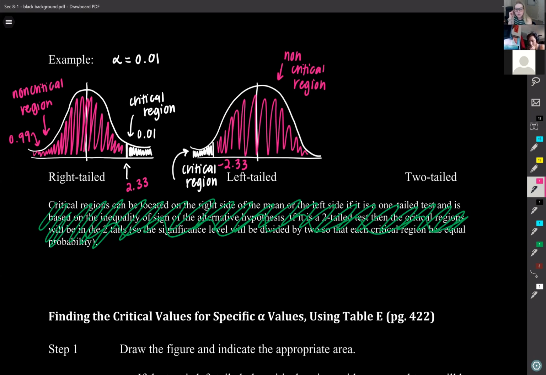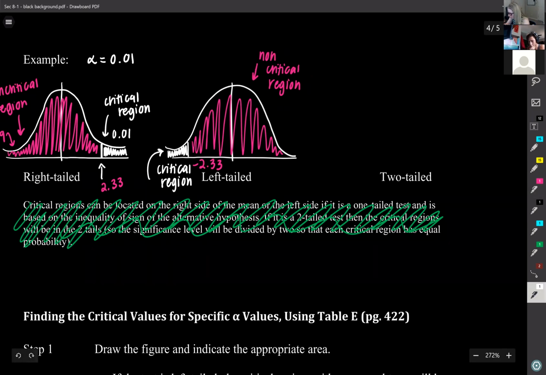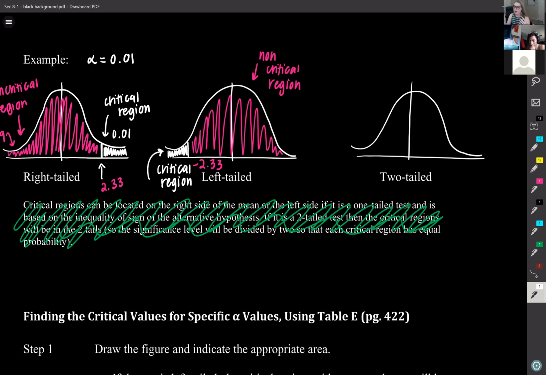So these ones are not too bad, but the two-tailed one is slightly different and it has an extra step, but you'll see why. The two-tailed one is different because now we have area that we want in both tails. Remember when we introduced it, I said if you're doing the two-tailed test, it's because you're not saying that this value is going to be greater than something or less than something. You're just saying it won't be equal to it. So it can fall on either side.